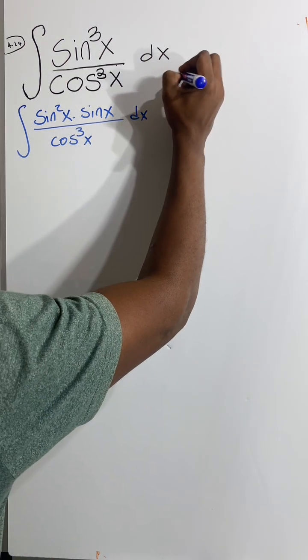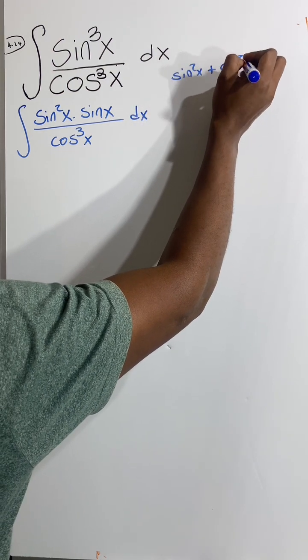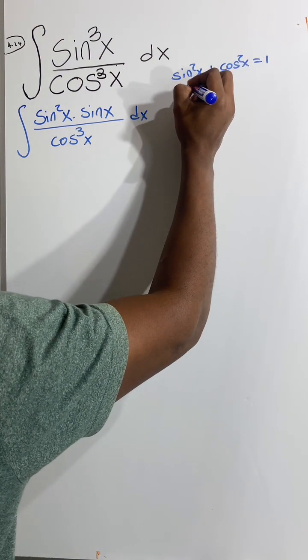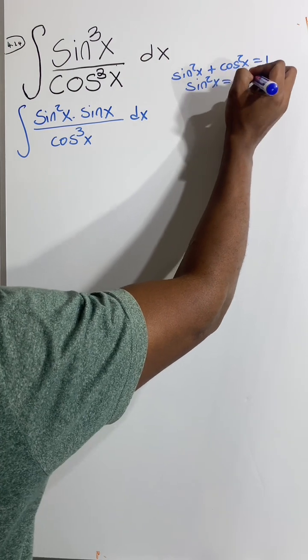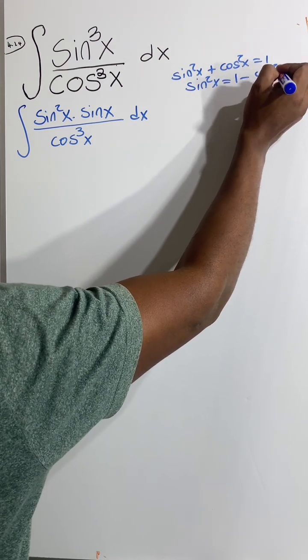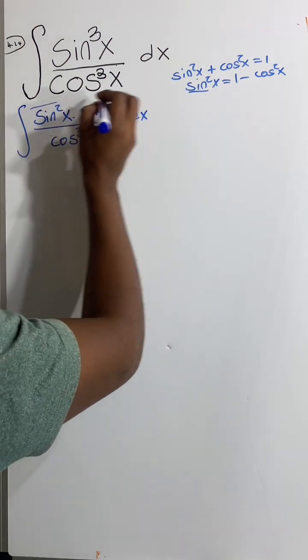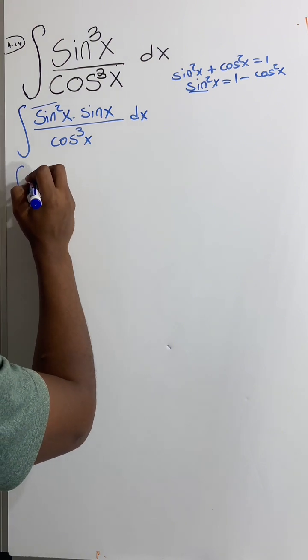We know that sin squared x plus cos squared x is equal to 1. When you make sin squared x the subject of the formula, we get that sin squared x is equal to 1 minus cos squared x. So instead of sin squared x here, we will substitute 1 minus cos squared x.